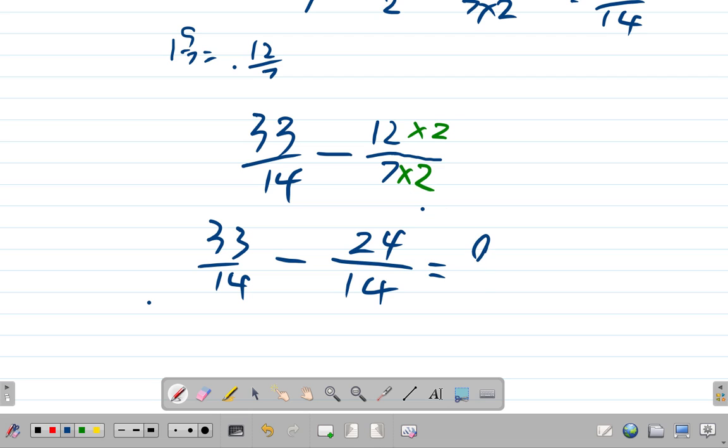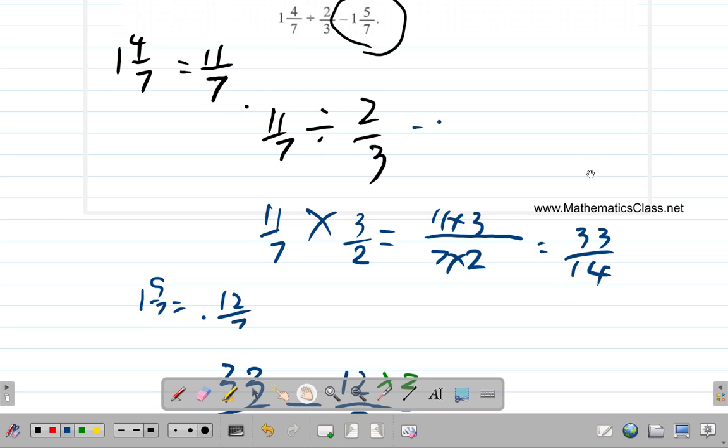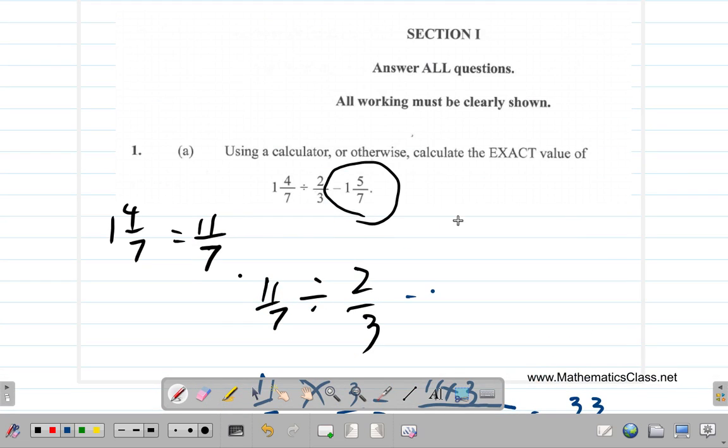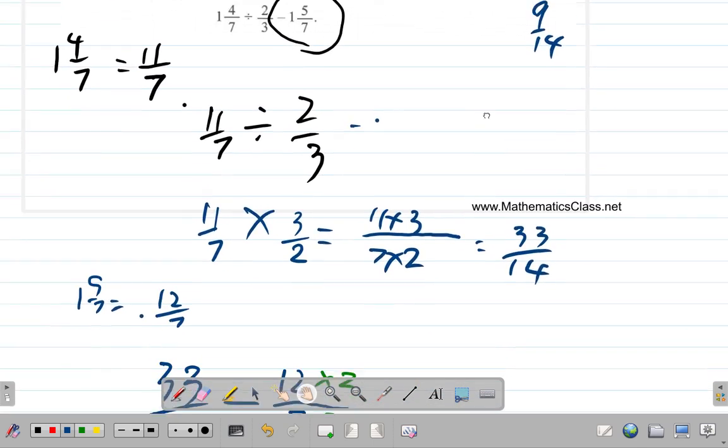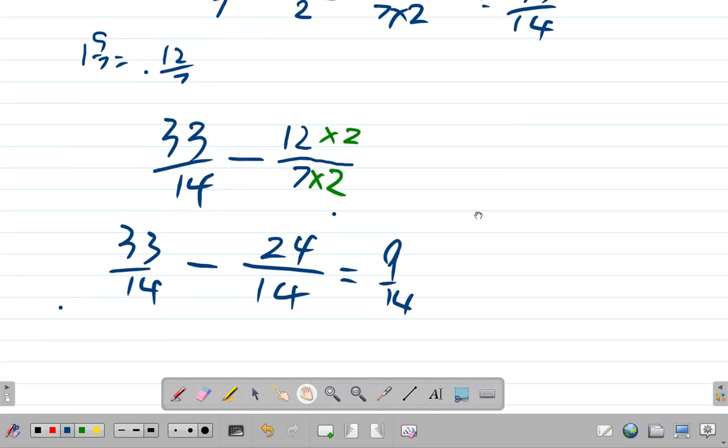So this becomes 9 14ths. Alright, so the answer, let me not bother to write the equal sign, 9 14ths, right? I hope I never make any mistake, but look. Alright, so you get the answer as 9 14ths.